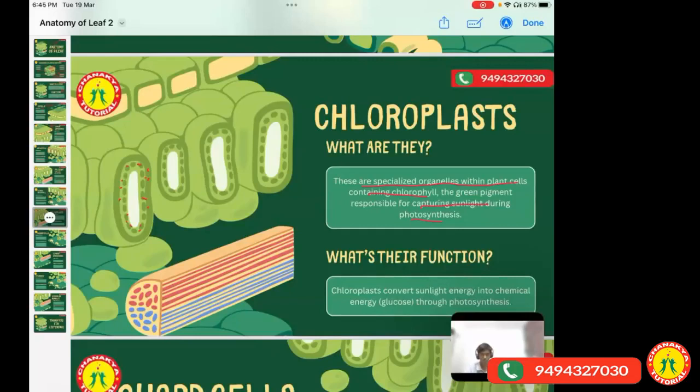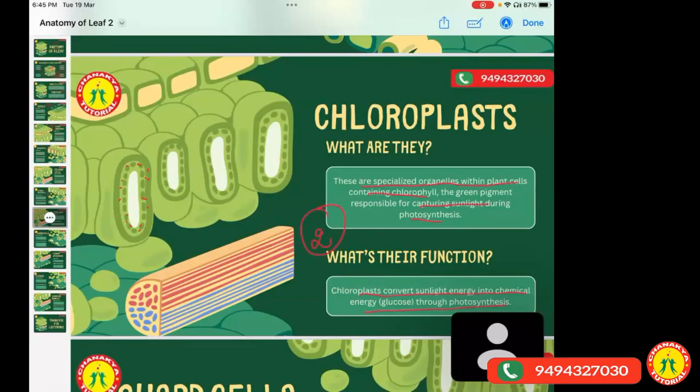Main function: chloroplast converts sunlight into chemical energy through photosynthesis. So event number two is conversion of light energy into chemical energy. Who is doing that? That is done by the chloroplast.